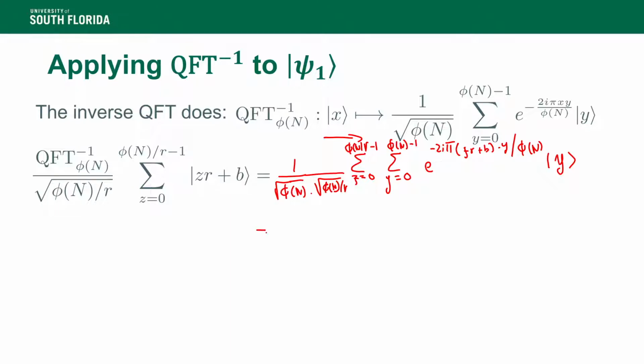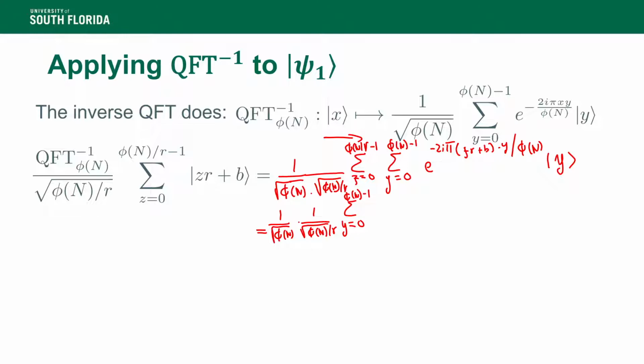So what we get now is 1, the normalization factor doesn't change, so 1 over square root phi of n, times 1 over square root phi of n divided by r. And now we sum over y from y equals 0 to phi of n minus 1.